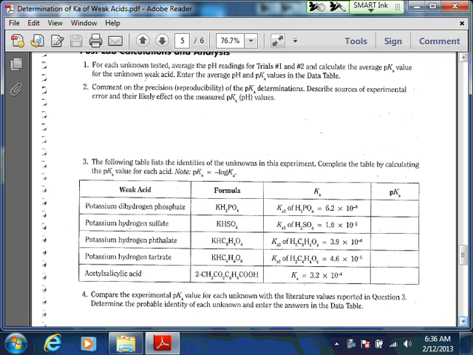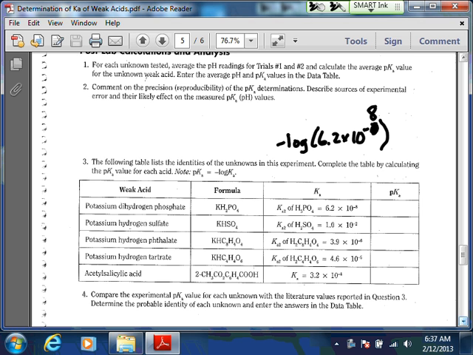For example, the first one, negative log of 6.2 times 10 to the negative, I can barely even read that. I think it's negative third. Let me double check that number. Nope, it's negative 8th. Sorry, it should be easier to read on your paper than it is on here. So that's the negative 8th.